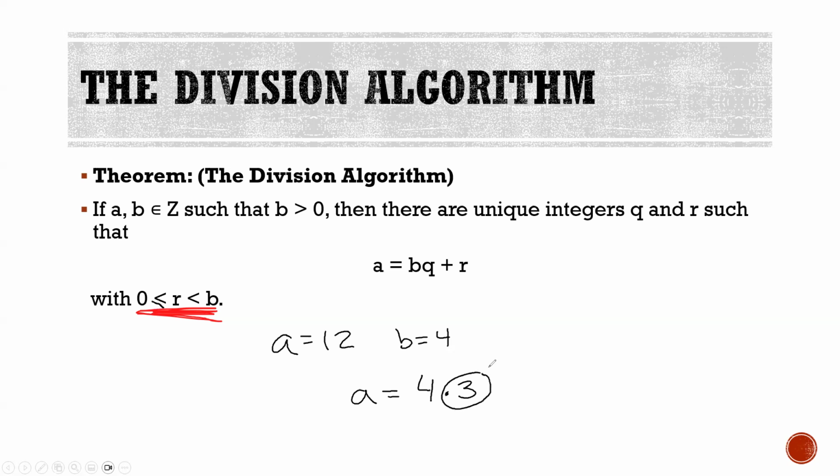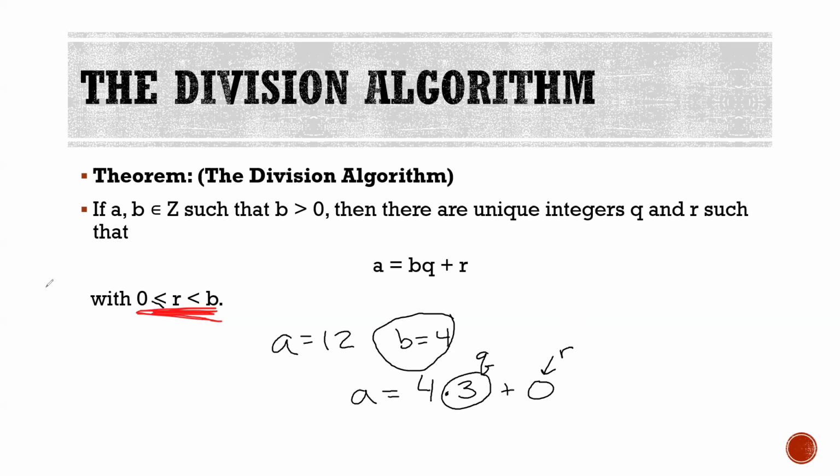So this is the Q plus 0, which is the remainder. And those Qs and Rs are going to be important as we move forward. But I just want to hit this idea: if my B is 4, all the possible remainders are 0, 1, 2, and 3.